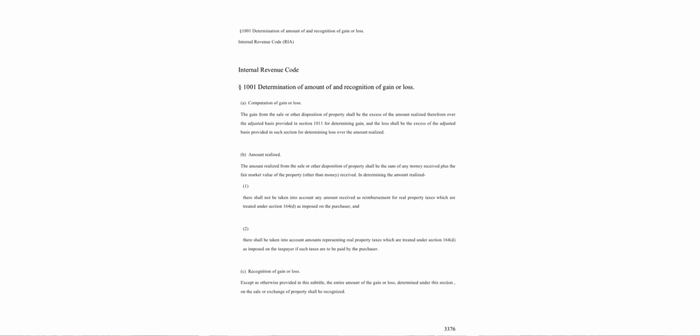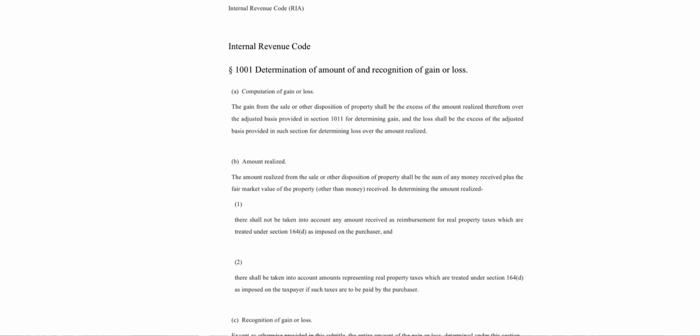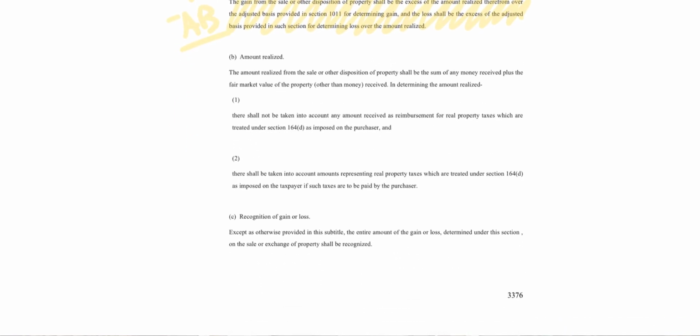Okay, so here's our section 1001. We've already done this. So again, section 1001, the amount realized minus adjusted basis, that's all discussed here in this area right here. Okay, so that's where you'd find the amount realized minus adjusted basis. Okay, and then 1001(c), that's where you're going to find the recognized gain or loss calculation.